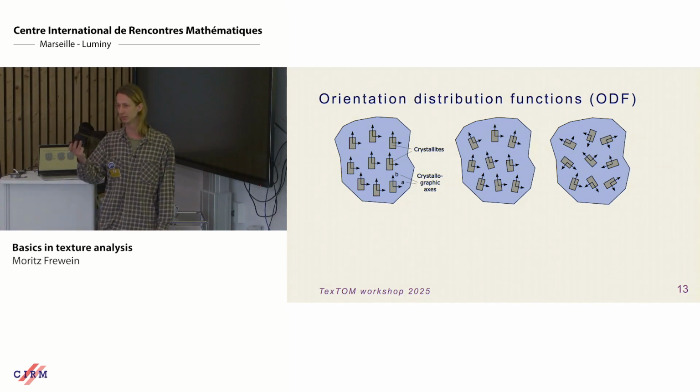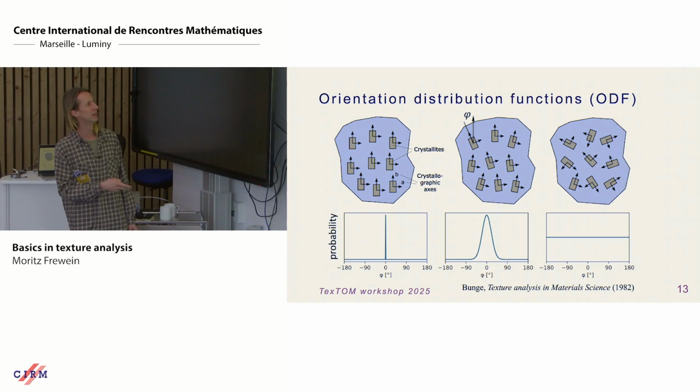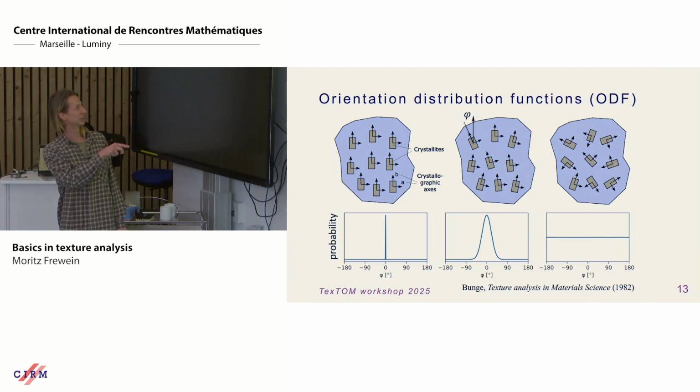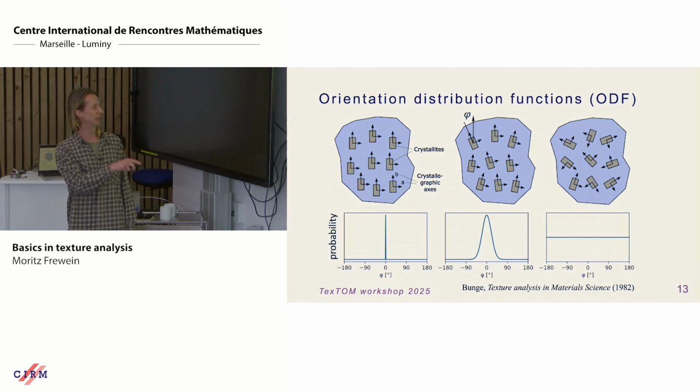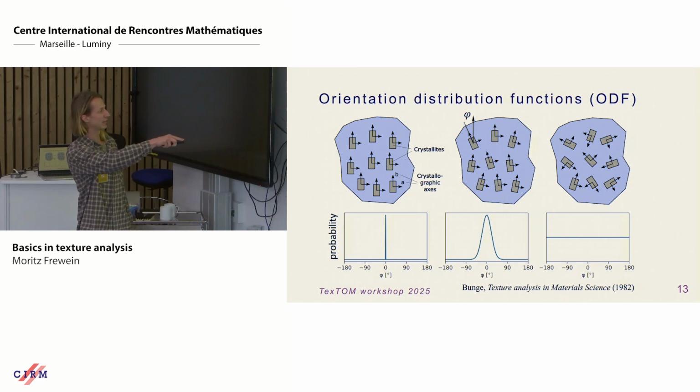If you want to describe this by a function, so now again we have a two-dimensional case, it's quite simple. We just need to define an angle to a reference, for example here, and then we'll see that in the first case, we just have a sharp peak in a probability function where we have the angle on the x-axis, probability on the y-axis, a sharp peak here.